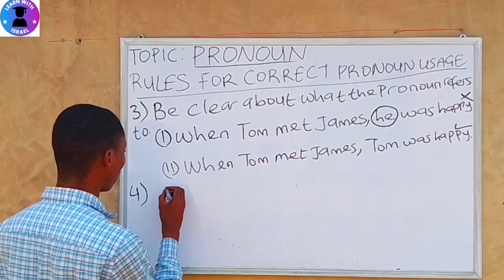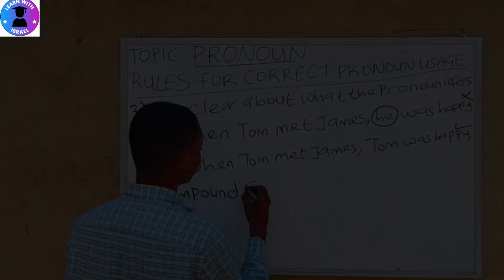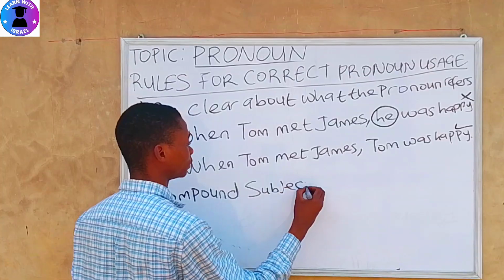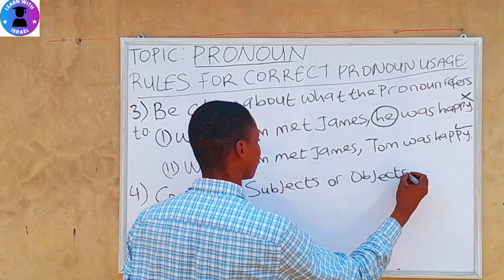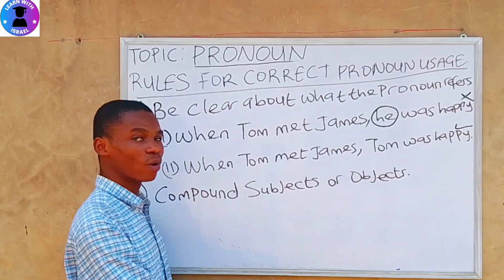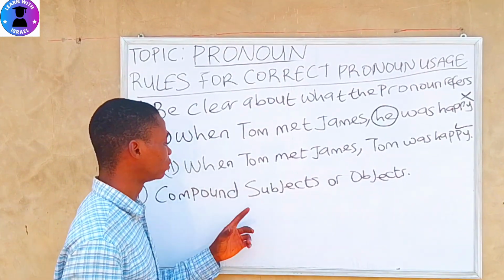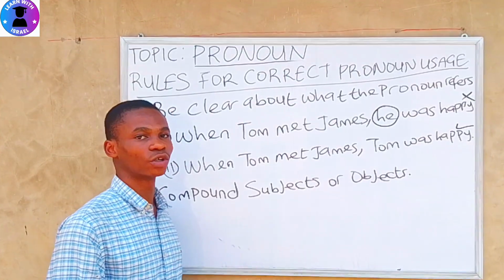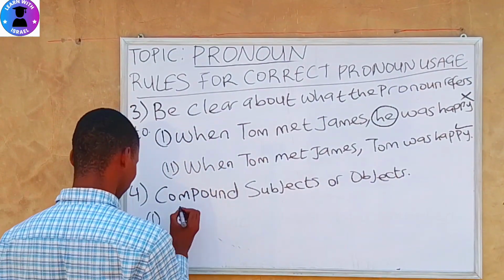So let's move to the last part for rules for correct pronoun usage. The next one is compound subject or object. We should always use the correct case in compound structure. So how do we do that? Let me give some examples on that.